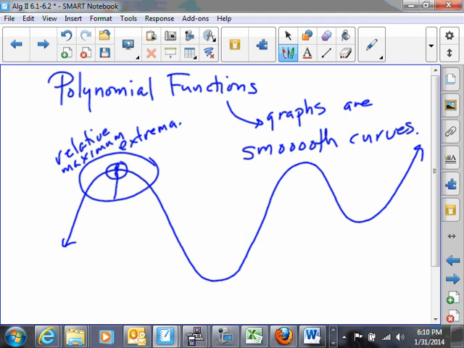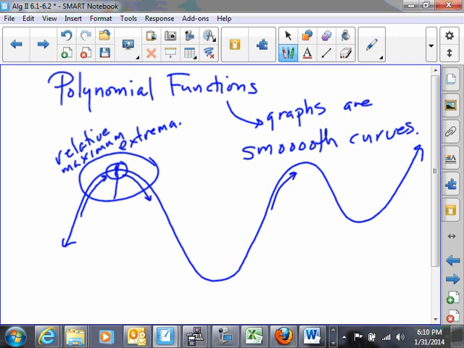A relative maximum occurs when a function has been increasing and then it stops increasing and starts decreasing. Even if later on it turns around and goes back up and maybe even goes higher, in this local area there is no point higher than that relative maximum.